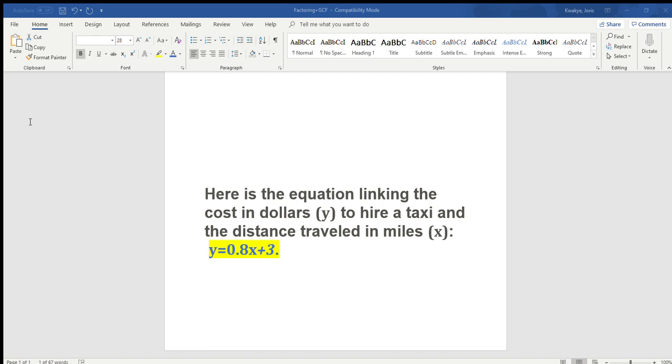No, that's not what I want. Okay, let's get rid of this. Okay, so this is the equation. Y equals, that's the equation.